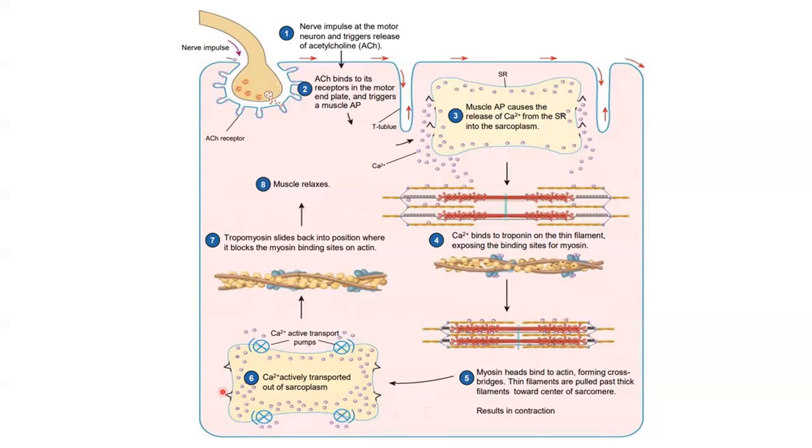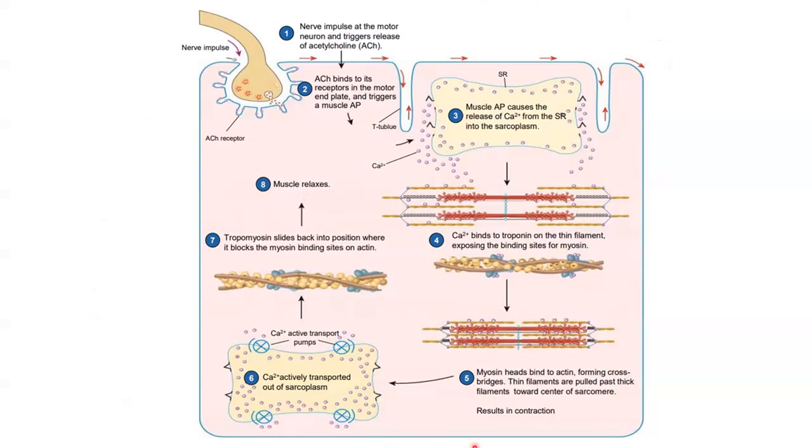The action potential stops and we have calcium transported out of the sarcoplasm. With no calcium present, that tropomyosin moves back into place, blocking those binding sites on the actin. Because we have no cross bridges formed, or because the myosin and the actin can no longer bind, our muscle relaxes.